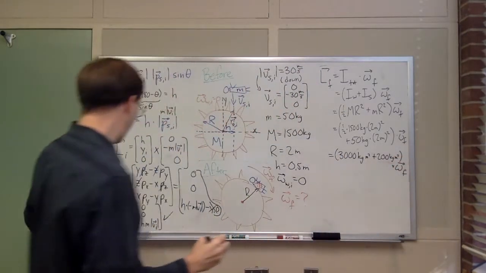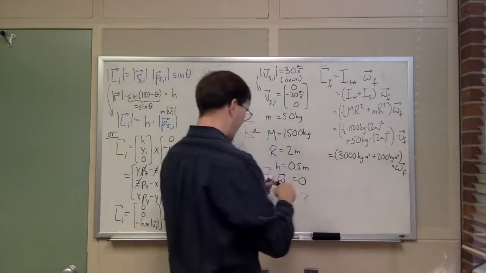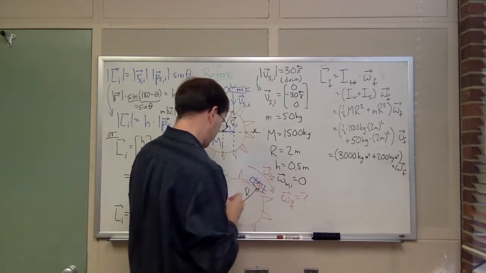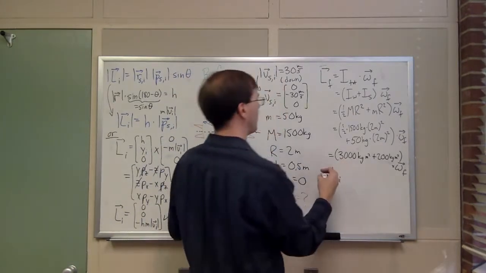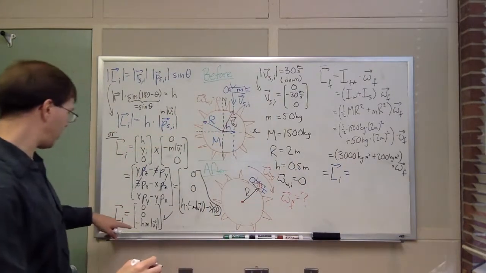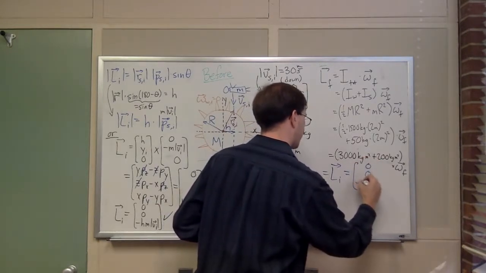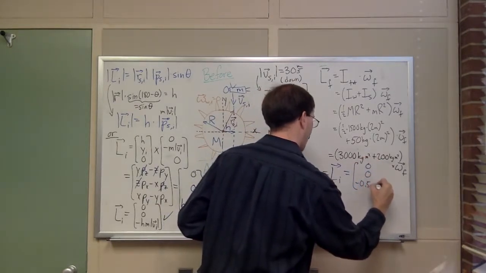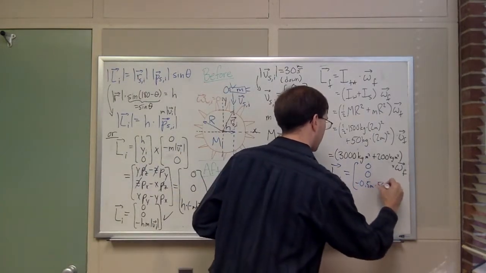And my left-hand side, I already had something there. This was my L final, and that had to equal L initial vector, which was this thing, 0, 0, and then minus 0.5 meters was my h, times the mass of Saruman, which was 50 kilograms.